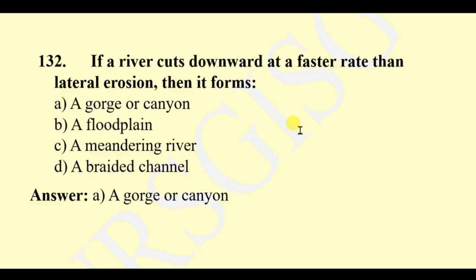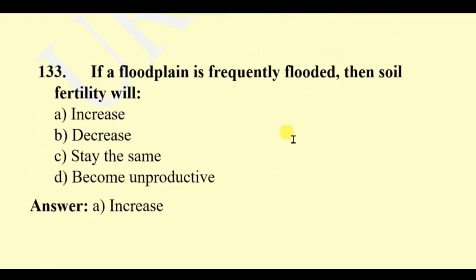But if there is more lateral erosion, then it will be meandering river or a floodplain. And if braided river, if channel gradient decreases suddenly and channel sediment load is more, then it will be braided channel. Question 133. If a floodplain is frequently flooded, then soil fertility will be increased.